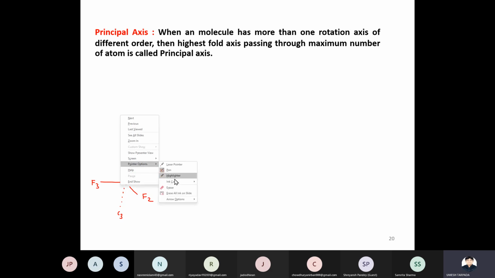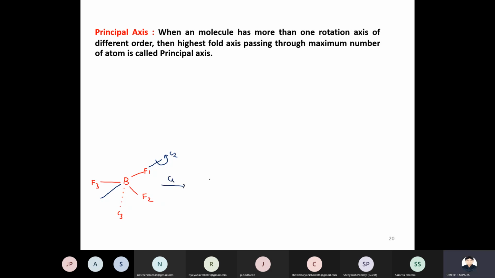Now see, apart from this, if you give rotation about this C3, three atoms can change their position. But apart from this, you can have an axis which is in the plane of the board or the plane of the mobile. This axis is C2. If you give rotation at 180, then F2 and F3 can change their position.